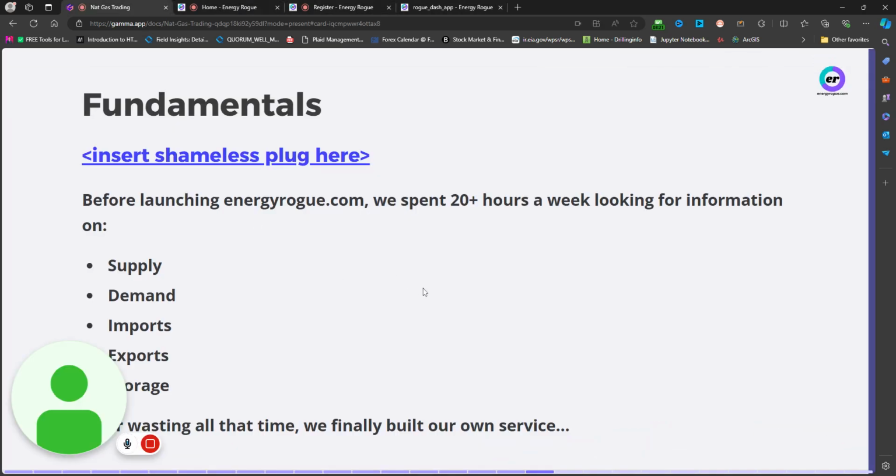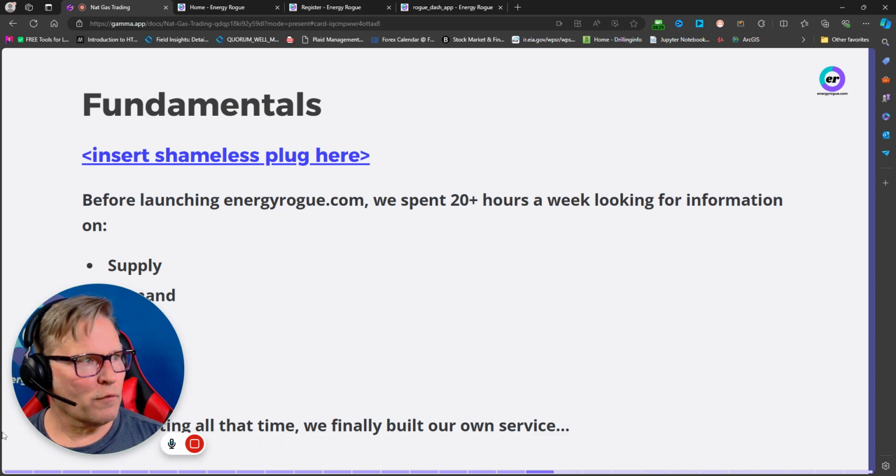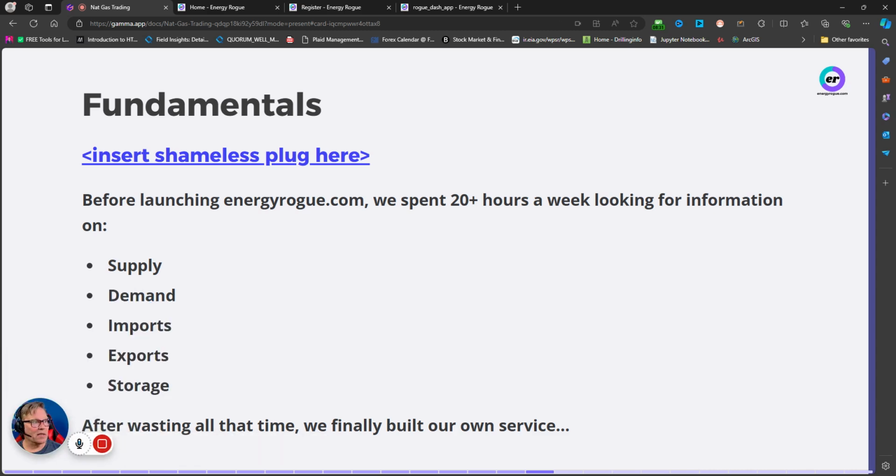So, Energy Rogue, before launching energyrogue.com, we spent 20 plus hours a week looking for information on supply, demand, imports, exports, storage.